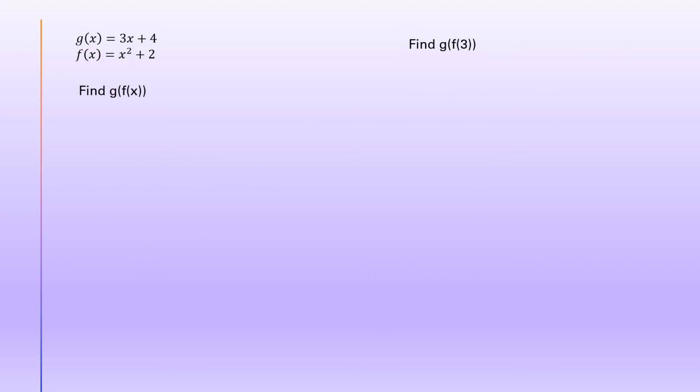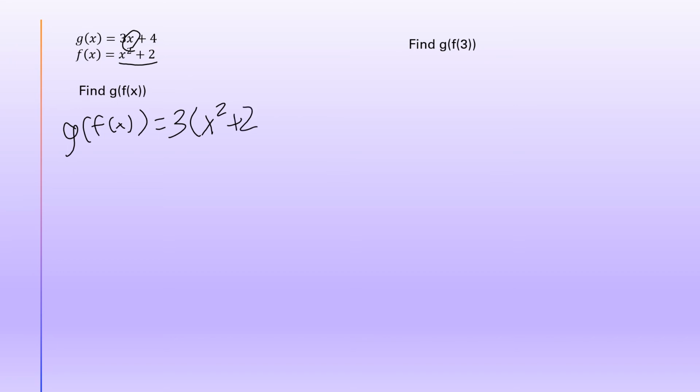Let's say we have g of x equals 3x plus 4 and f of x equals x squared plus 2. Now we want to find g of f of x, so this time f of x is on the inside. So what we do is we replace the x in g of x with x squared plus 2. So g of f of x becomes 3 times, where the x is replaced by f of x, so f of x equals x squared plus 2.